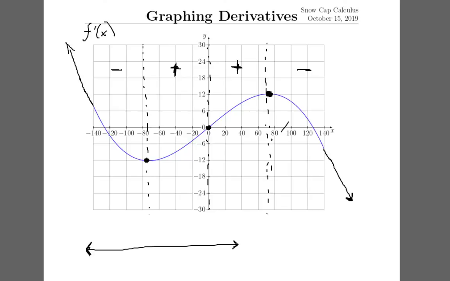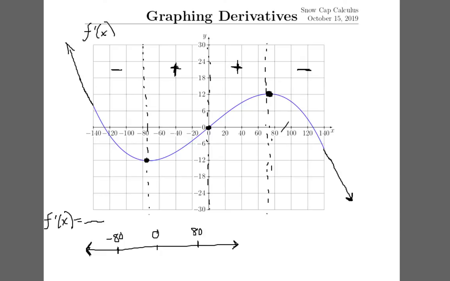So you plot out your critical points, which would be negative 80, we'd have 0, we'd have 80. And if we were given the function, we would have f prime of x equals something. And then we would plug in values that, for example, are less than negative 80, between negative 80 and 0, between 0 and 80, and greater than 80.